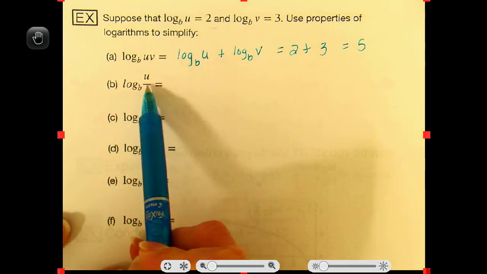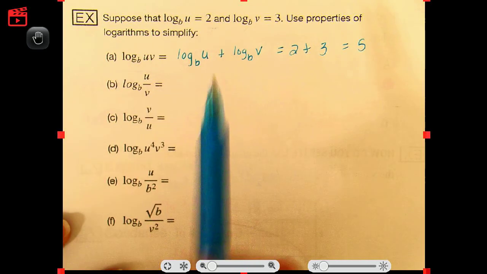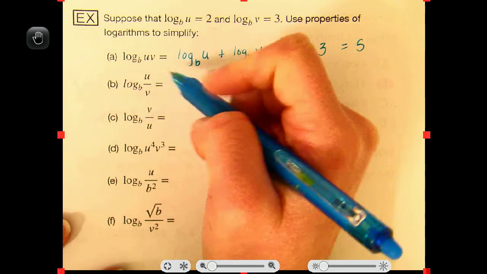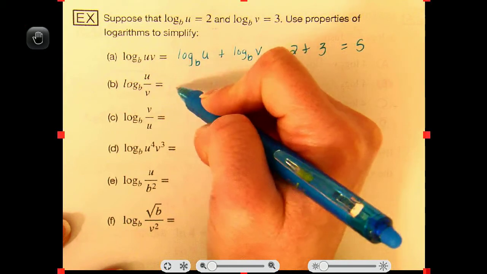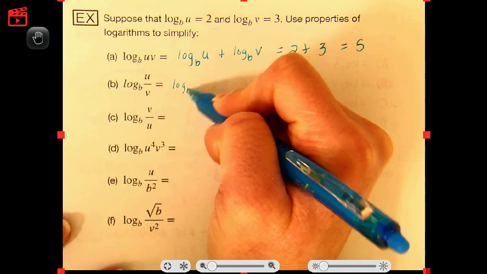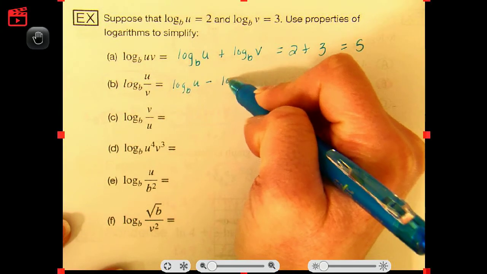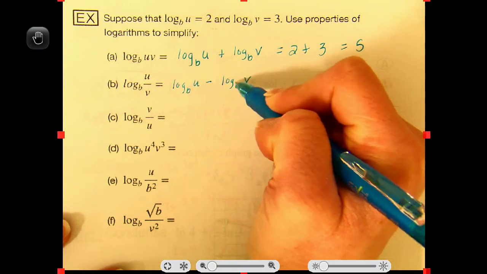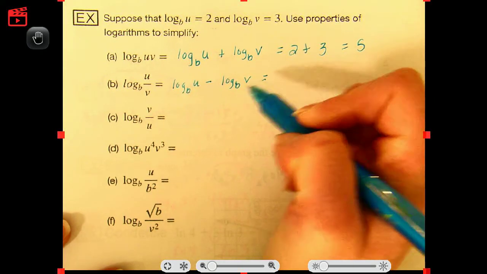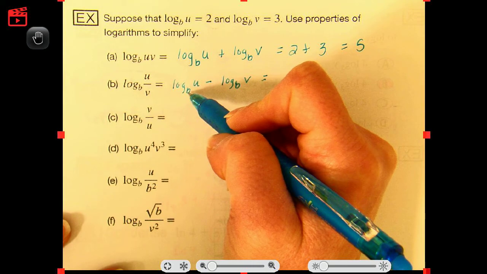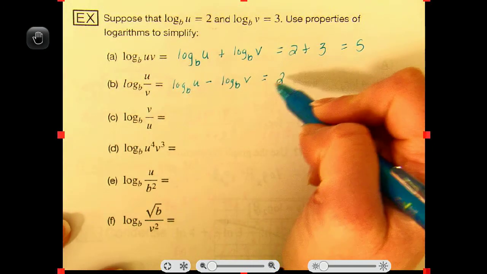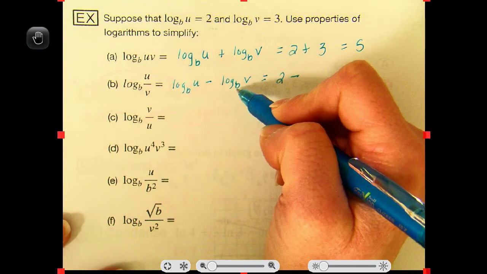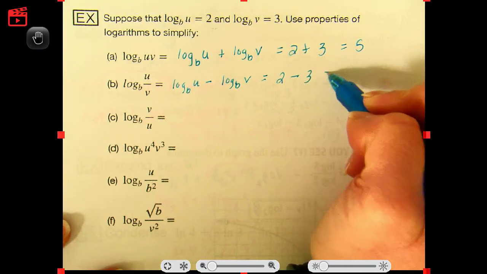This one is division, so I can change that to subtraction. It is important that you write what's on your numerator first. So it'd be log base b of u minus log base b of v. It's kind of a tongue twister. Log base b of u is 2 minus log base b of v is 3. I get a -1.